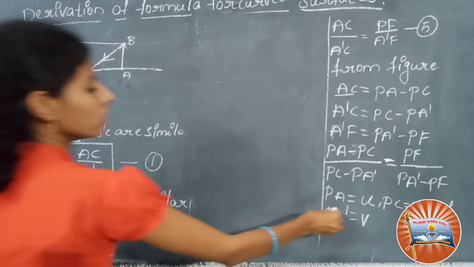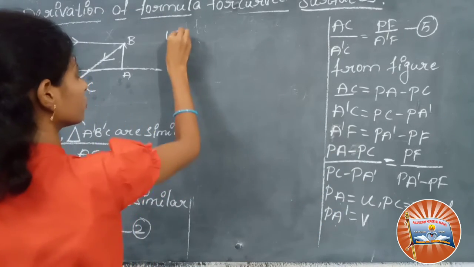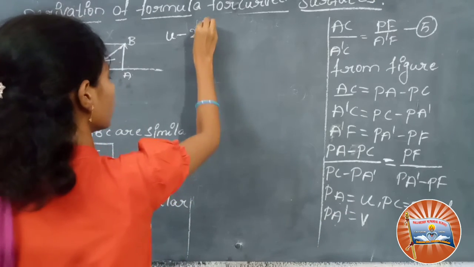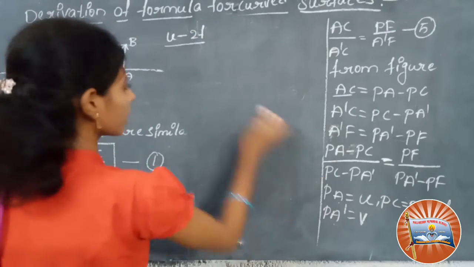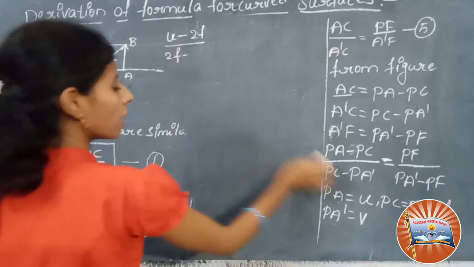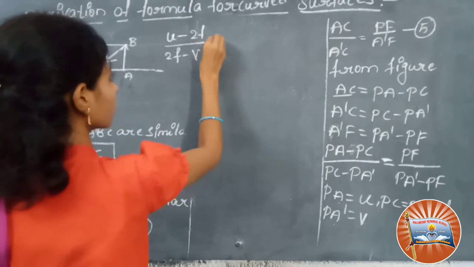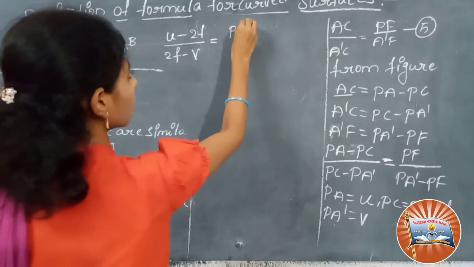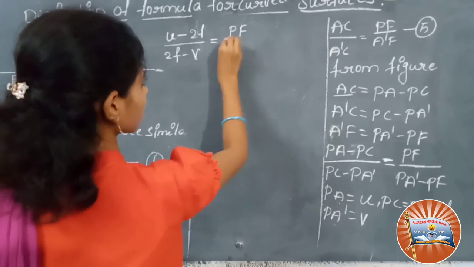Now see, instead of PA we can write U. U minus PC is 2f, by, again PC is 2f minus PA dash is V, which is equal to PF as it is.